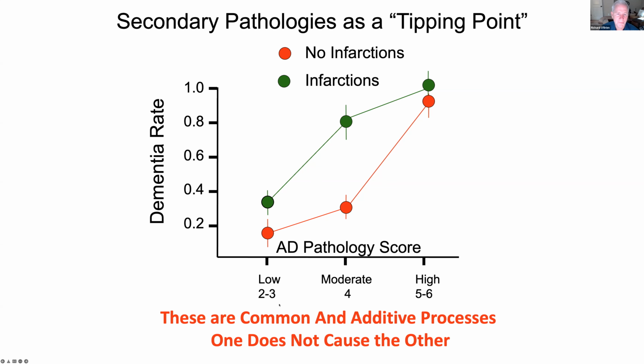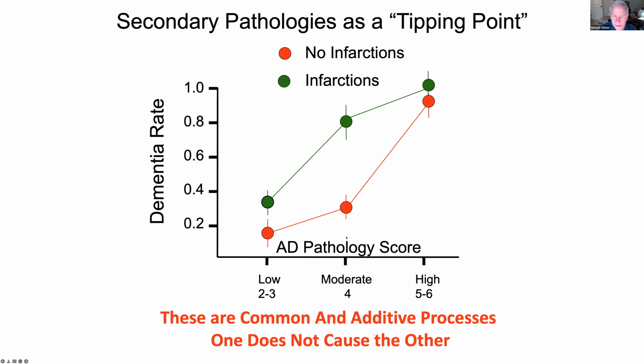And this is just an example from the Baltimore Longitudinal Study of Aging, but it's also been shown by David Bennett and his group at Rush. People with low AD pathology scores, 2 to 3, really don't have a high incidence of dementia. Even with strokes, they're not that demented. It doesn't affect them that much. People with very high AD pathology scores are demented, whether they have strokes, which is the red dot, or they don't have strokes, which is the green dot.